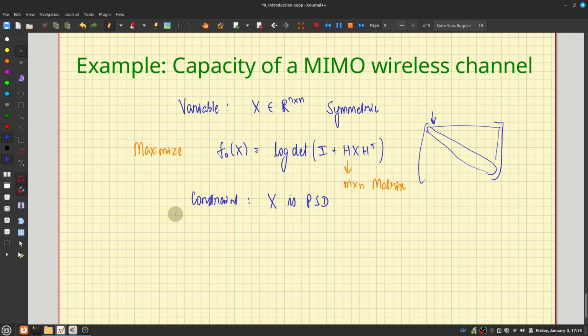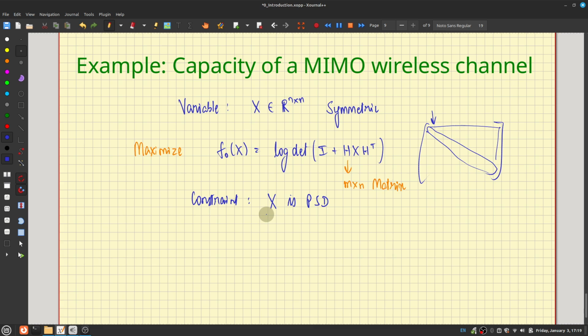We'll see later in the course that the set of all positive semi-definite matrices is a convex set. I've not defined what convexity is yet, but it has certain geometric features that we can identify with geometric features we have in Euclidean spaces.